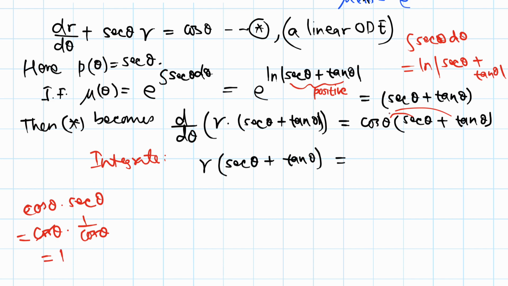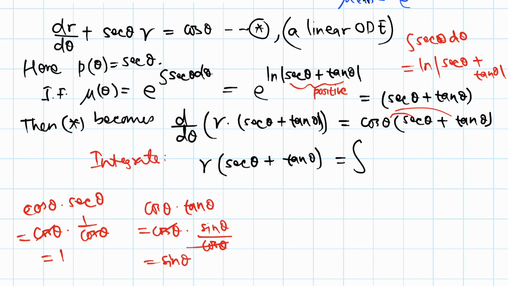And what is cosine theta times tangent theta? Cosine theta times sine over cosine is simply sine theta. So when we distribute, we are integrating 1 plus sine theta with respect to theta. And we are done.